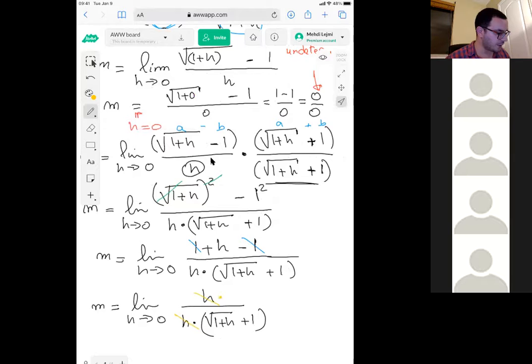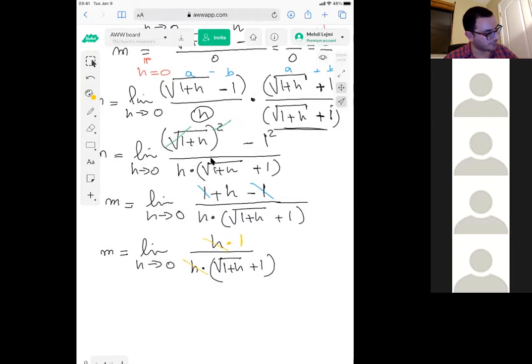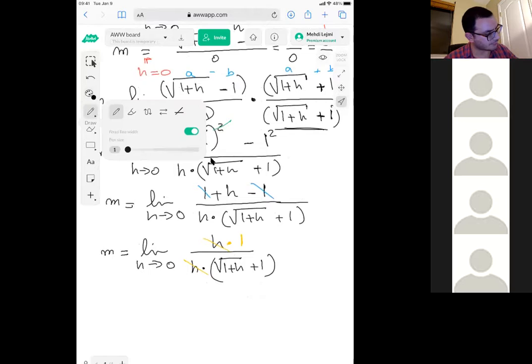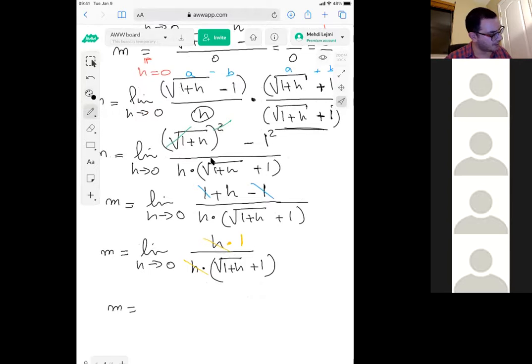In the top it's going to be 1, because this is like h times 1, right? So we are left with 1 in the top, and in the bottom we have the square root of 1 plus h plus 1. So m is the limit as h goes to 0 of 1, not 0, over the square root of 1 plus h plus 1.